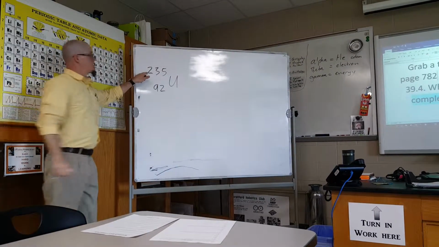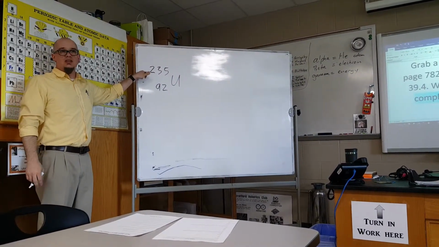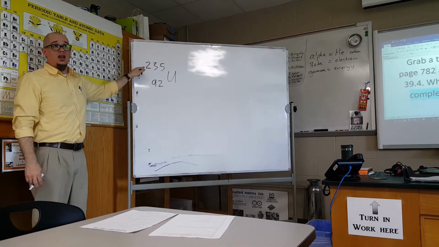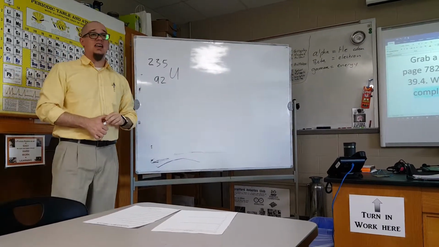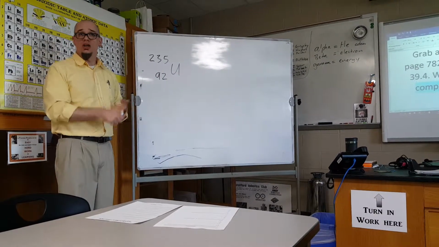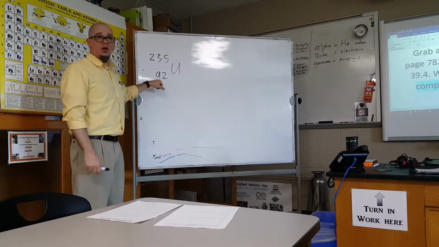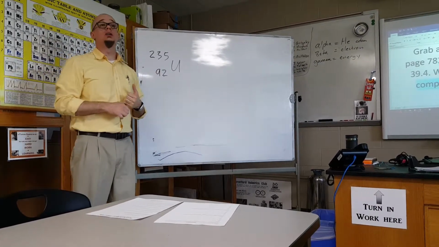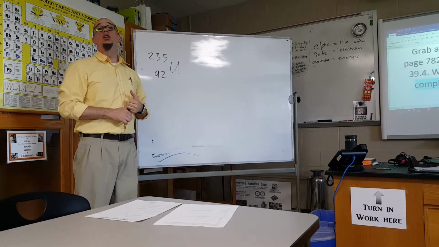What does this number tell us? This is the number of nucleons. It's the total number of protons and neutrons put together. It's basically your mass. What about the bottom number? It's just the protons. It's also called the atomic number.